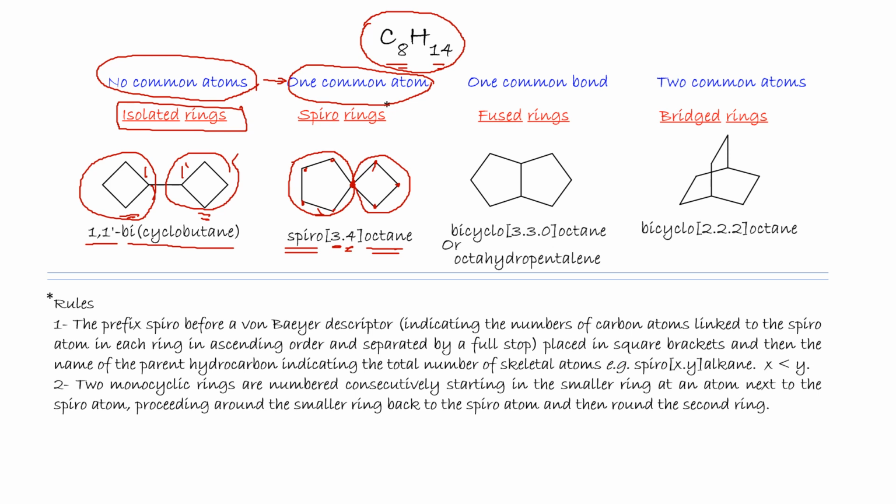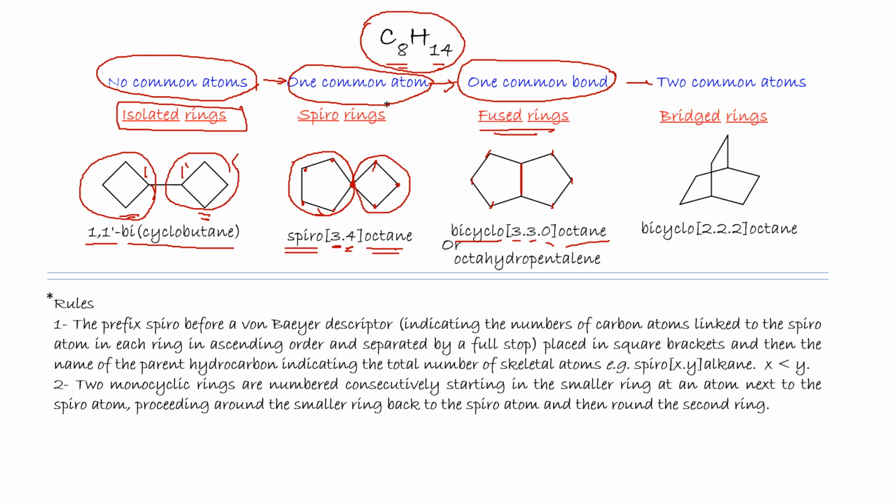We just have to follow them. And then we can draw 1 common bond, so they are fused. We call them fused rings. That's 1, 2, 3, 1, 2, 3, and nothing in between. So it is bicyclo 3.3.0 octane.